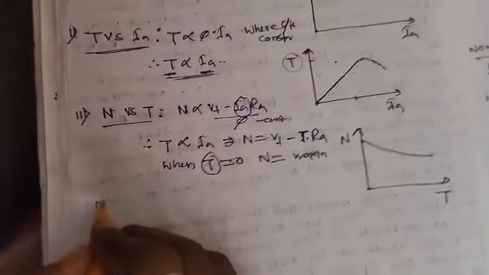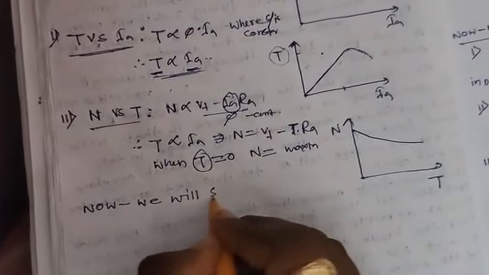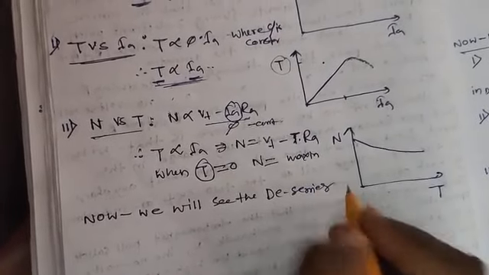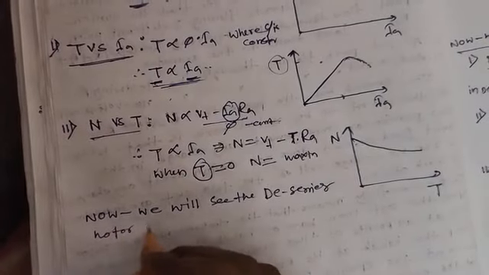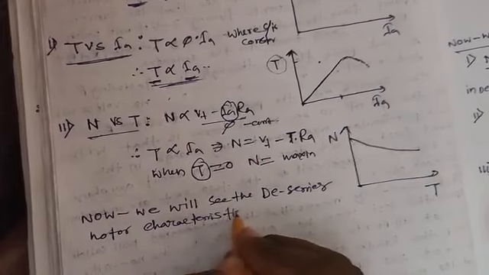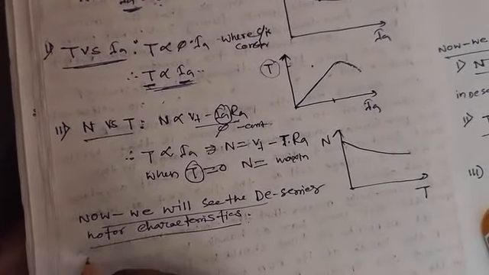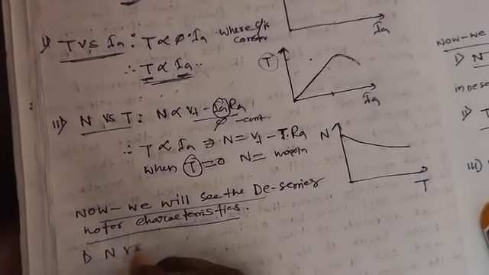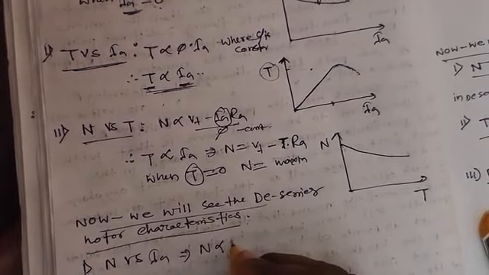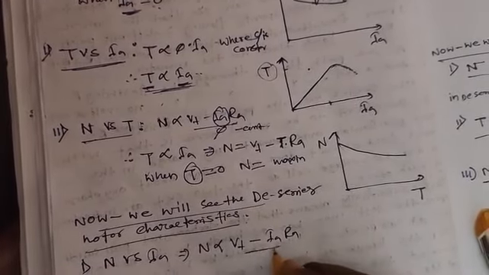Now we will see the DC series motor characteristics. First one, speed versus armature current. Speed N is proportional to Vt minus Ia Ra by phi.